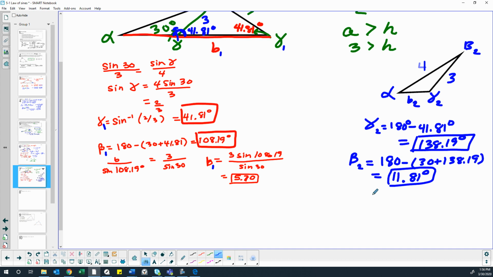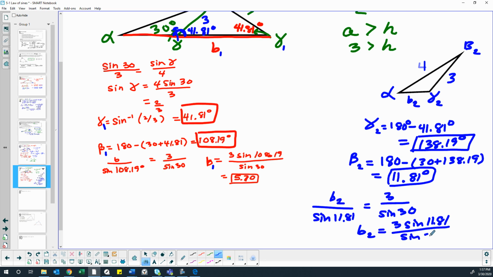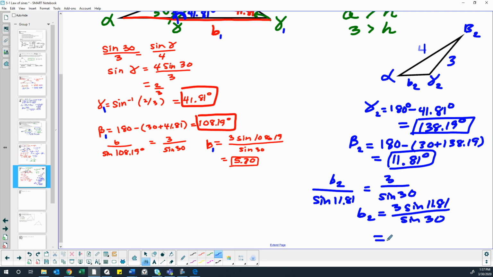So then we have to find little b2. So b2 over the sine of beta, which is 11.81, equals 3 over the sine of 30. So little b is 3 times the sine of 11.81 divided by the sine of 30, which is 1.23.